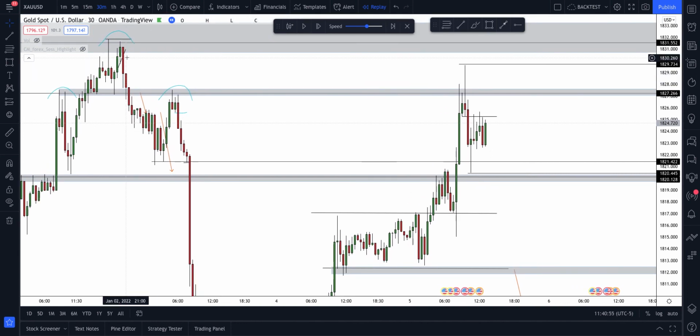I accidentally closed this, which is previous high, new low, which was the golden zone. Previous high, new low. It perfectly aligns with my golden zone.